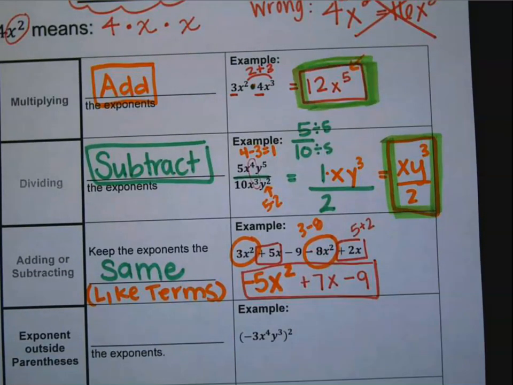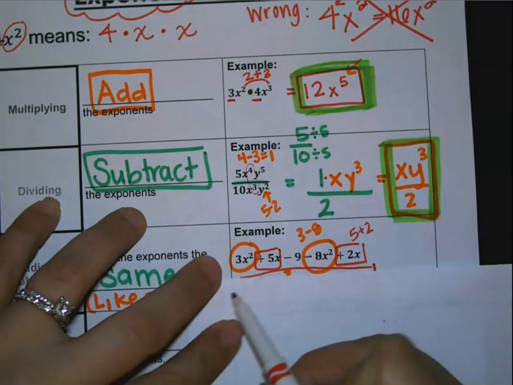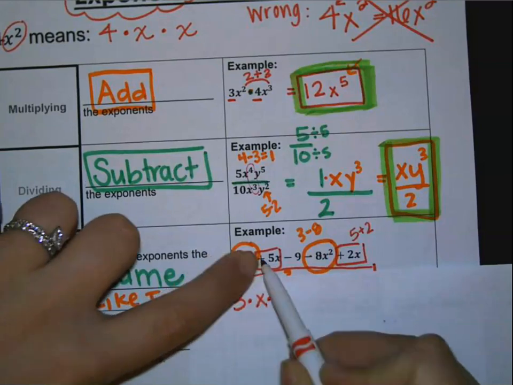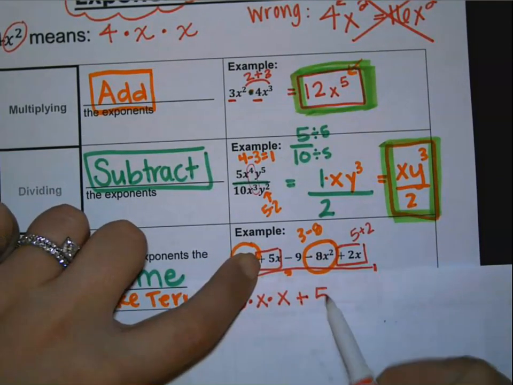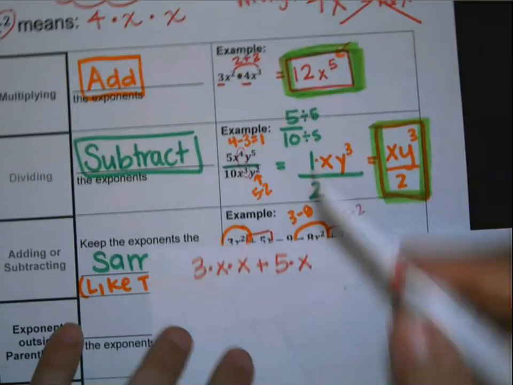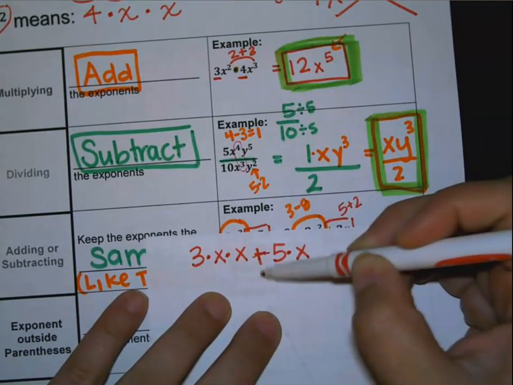Again, the reason we are not adding the exponents is if I write this out, this says 3 times x times x, plus 5 times x. If I just stop right there, that is why we can't add the exponents, because there's this plus in the way here.